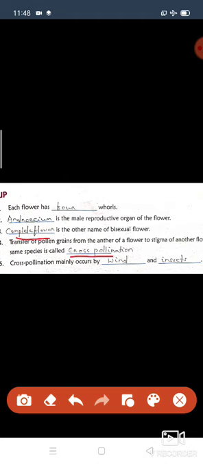Because they are on different plants, children. That's why cross pollination occurs, either through the wind or through water or through pollinators. Okay, next, cross pollination mainly occurs by wind and insects. Wind, insects.